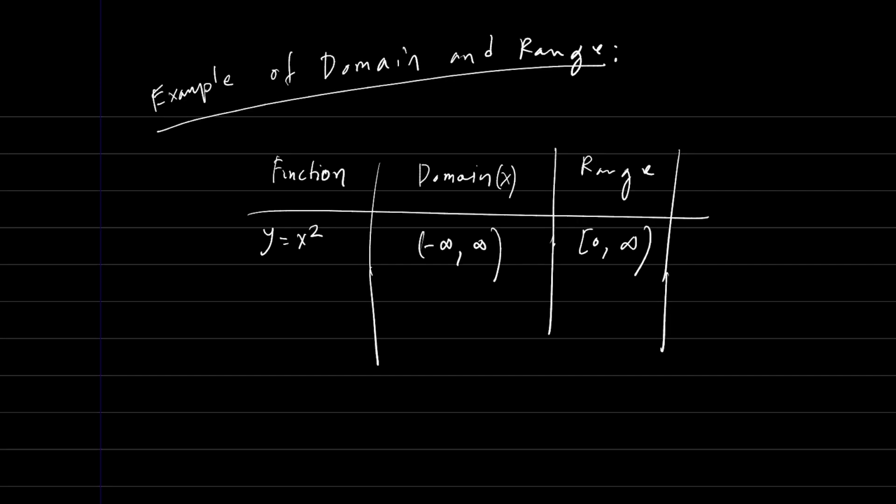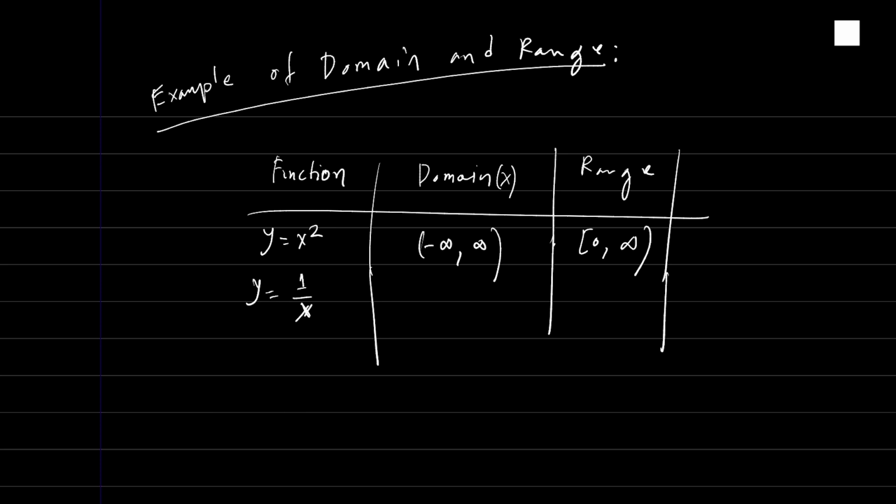The range is 0 to positive infinity because if we put a negative number in the x square value, this would give a positive number. So the range would be from 0 to positive infinity. What about y is equal to 1 over x? 1 over 0 does not exist because we cannot divide by 0.